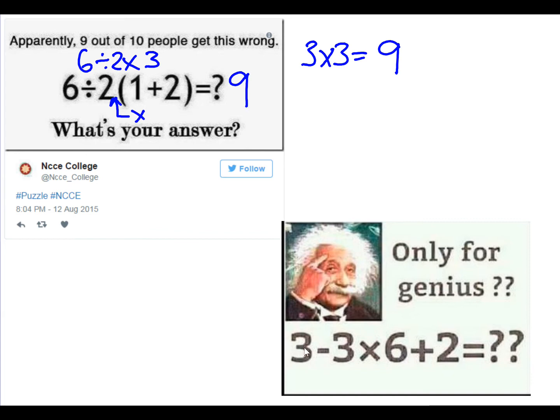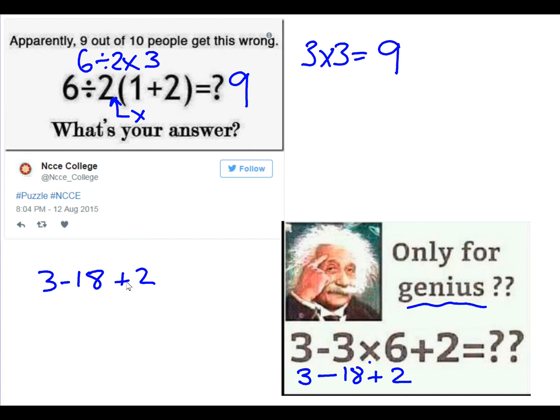Let's have a go at being a genius. So here we have our BIDMAS problem. So BIDMAS tells us to do multiplication first. It's a higher order than subtraction and addition. So it becomes 3 minus 18 plus 2. Now, 3 minus 18 plus 2 are at the same level, the minus and the plus.